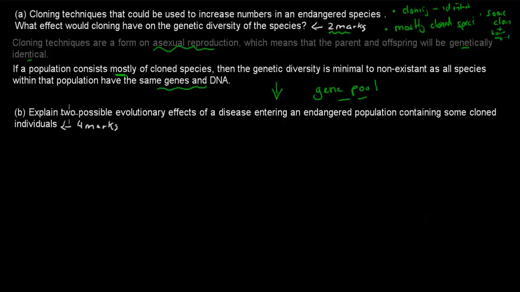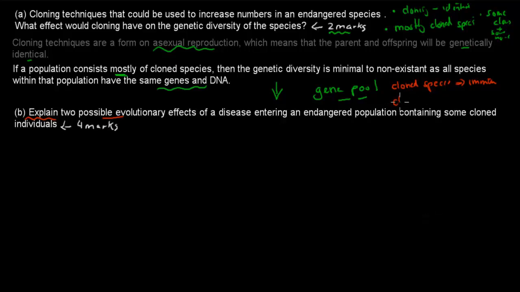And for B, explain 2 possible evolutionary effects of a disease entering an endangered population containing some cloned individuals. You obviously need to explain. In this case, you would first say, well, if the cloned species are immune to the disease, what would happen?